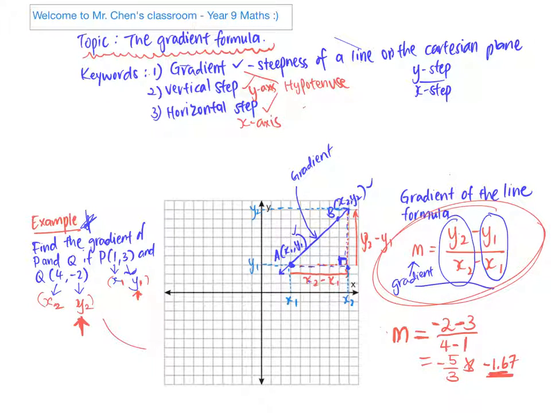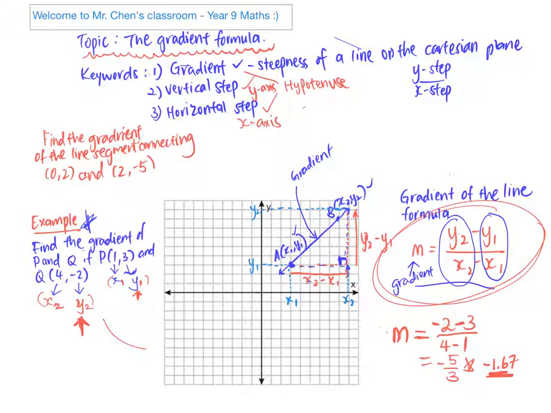Find the gradient of the line segment connecting 0, 2 and 2, -5.